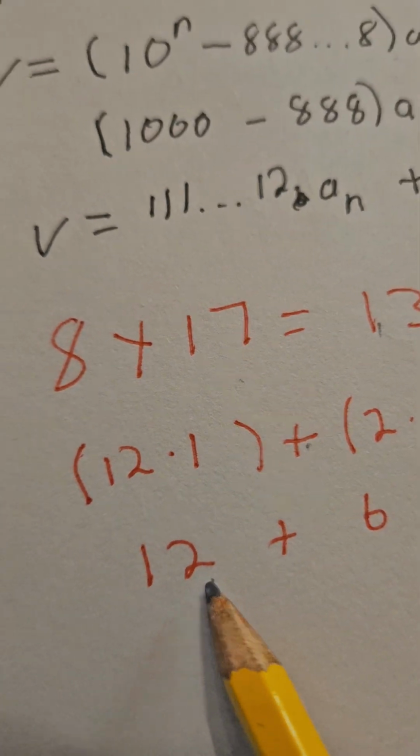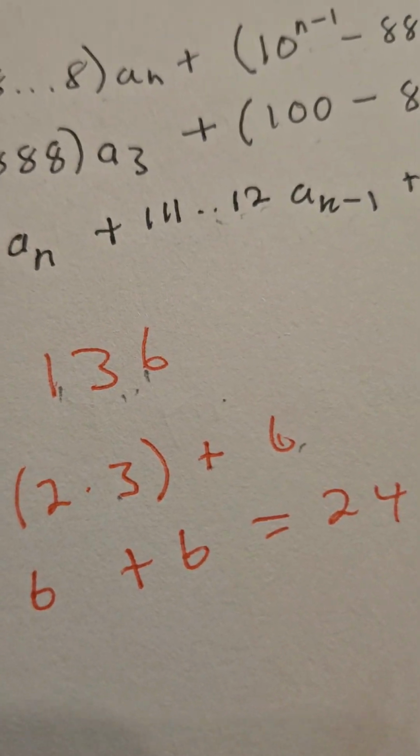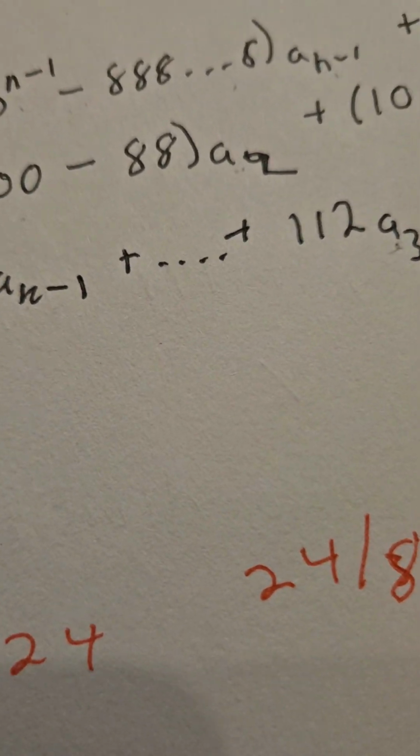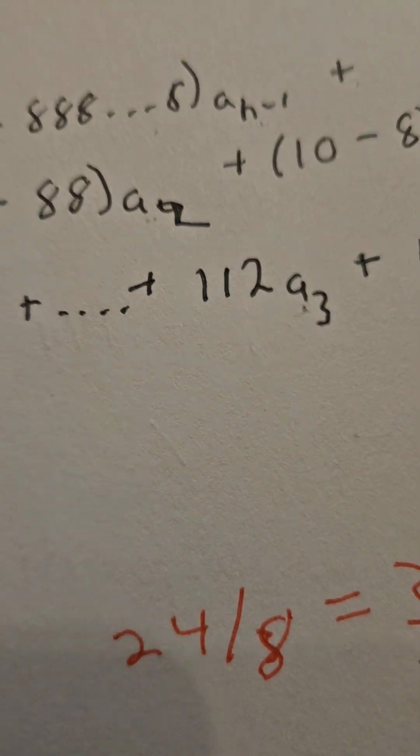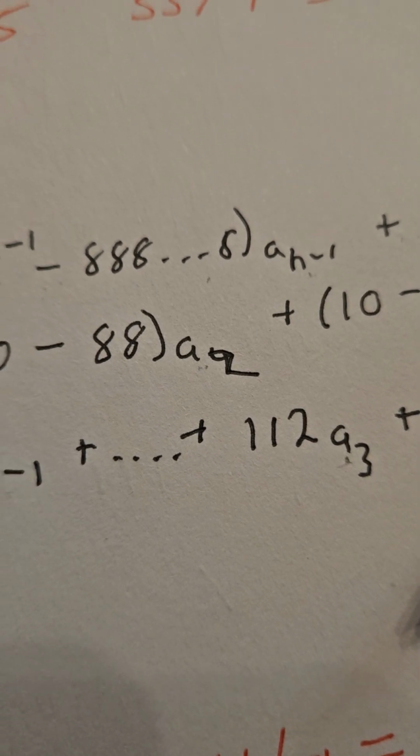So we get 12 plus 6 equals 18... so we get 24, and 24 divided by 8 equals 3. So the general rule holds for 8.